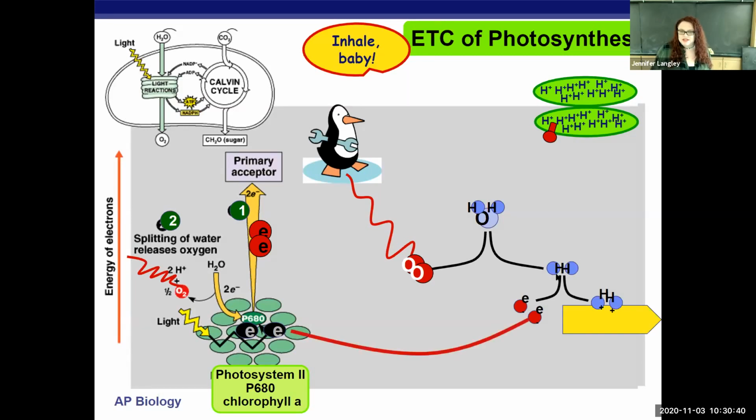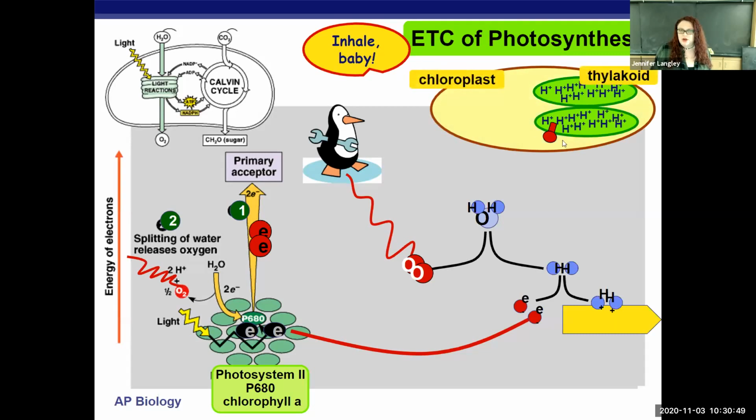We have hydrogens that exit the photosystem, and some that carry the electron back. Here's our chloroplast, here's our grana, here's a thylakoid, here's our ATP synthase. We've pumped all these hydrogens in through other proteins, and now they're going to come back through, giving us ATP.